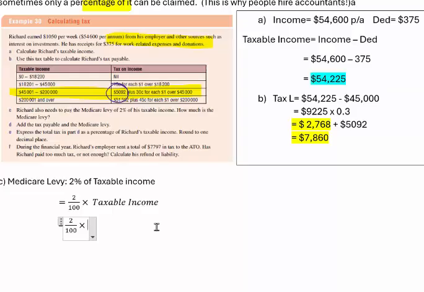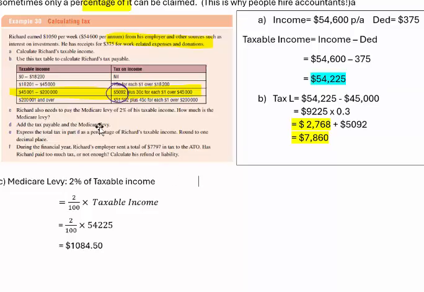The equation looks like 2 over 100 is 2% times taxable income. The taxable income is $54,225. Put that in your calculator and you will get an answer of $1,084.50. So that's your Medicare levy.